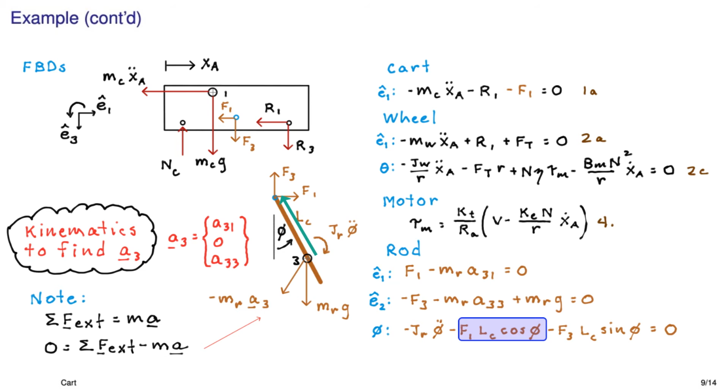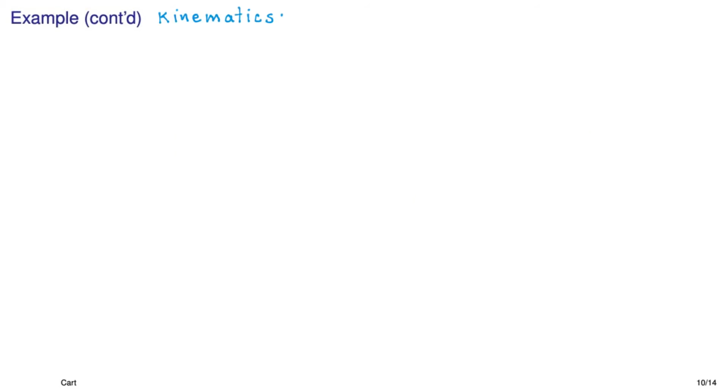Another way to think of it is you can just take the F1 and then take the moment arm associated with that vector, which would just be the L_c cosine phi. You have to go through a similar exercise for the F3 force. And we'll label these equations 5, A, B, and C, and now move on to the kinematics and get that crazy A31 and A33 term.